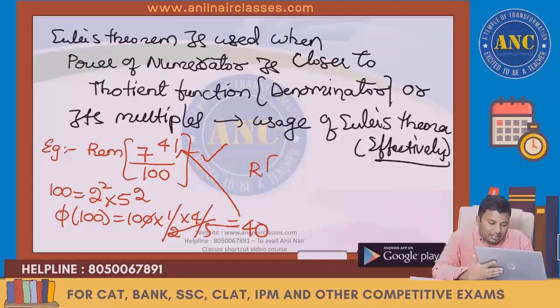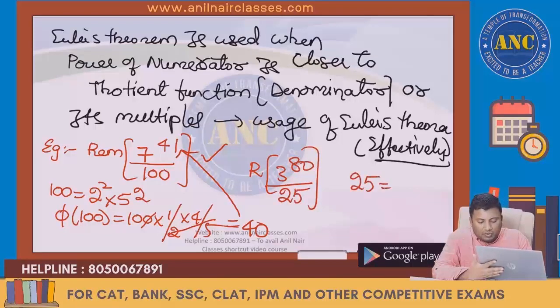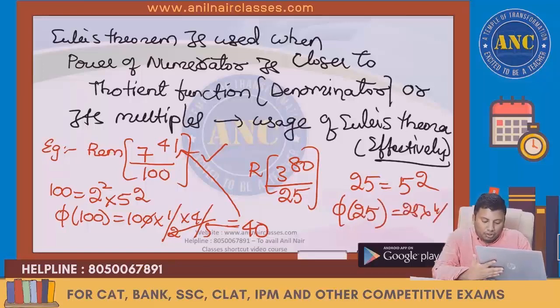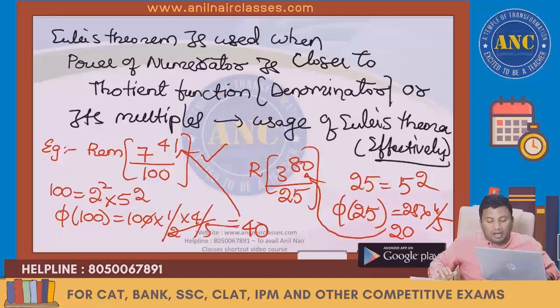Suppose it is 3 power 80 by 25. 25 is 5 square. The quotient function of 25 is 25 into 4 by 5, which is 20. 80 is closer to a multiple of 20.